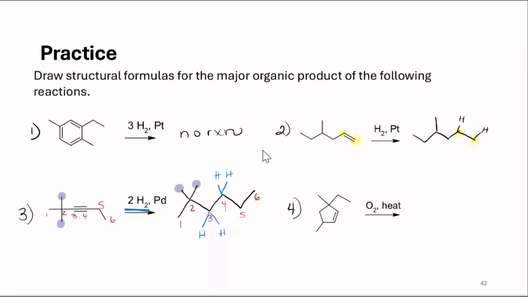Lastly, here we have a hydrocarbon. When we see that this is combining with O2 and heat, this means that a combustion reaction is happening. Those are the reagents for combustion.